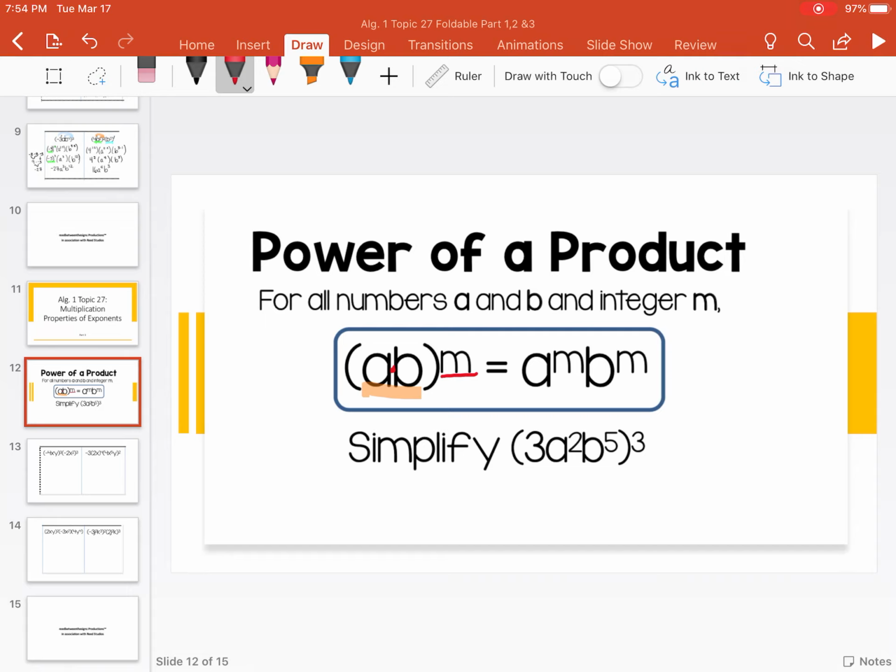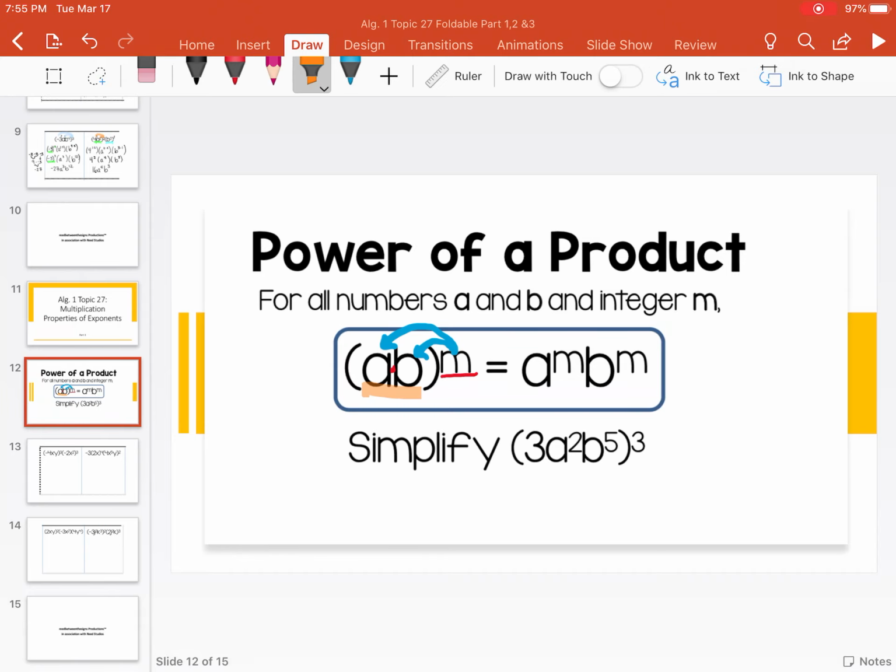What we're doing here is we're basically distributing. We have this M power, and we're going to distribute it to every single factor in that product. So every single variable, every single number that we see in that product, we're going to distribute that exponent that is on the outside of those parentheses.